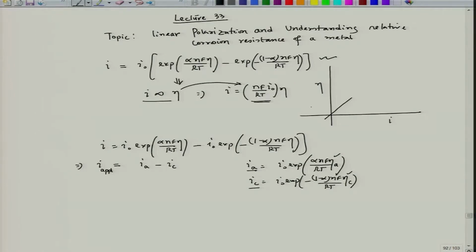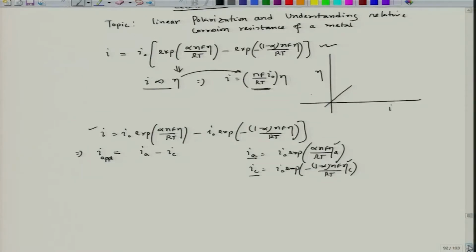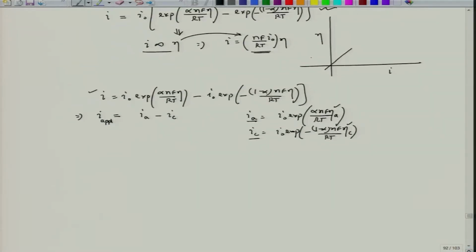Now, if I try to plot this equation, not in the log scale of I, but absolute I with reference to over voltage, then the plot would be like this. This is I positive, this is I negative.